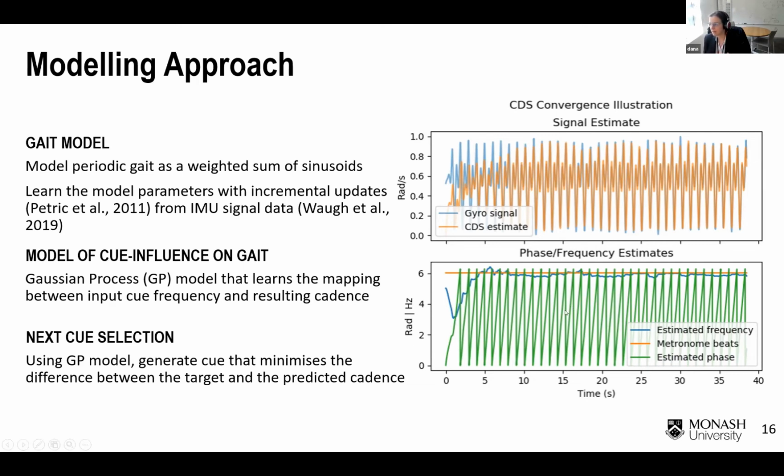You can see within just a few steps, usually 8 to 10, we can lock in to the estimate of the model of the gait and estimate the gait parameters accurately. Then we want to learn the model of cue influence on gait, and we use a Gaussian process to do this. And then we use optimization to generate the next cue using our GP model.